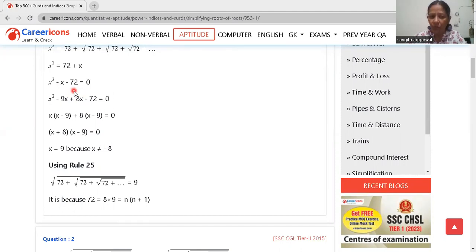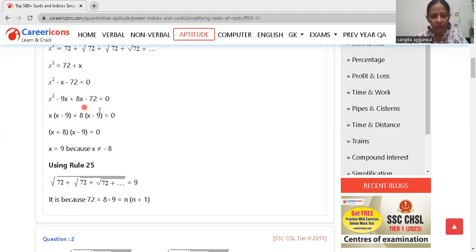So what are the two factors of 72? 9 and 8, because 9 times 8 is 72, and this is minus 72, so minus 9 and then plus 8, and here this is minus 1, so minus 9 plus 8 is minus 1. So like this, x square minus 9x plus 8x minus 72 is equal to 0.